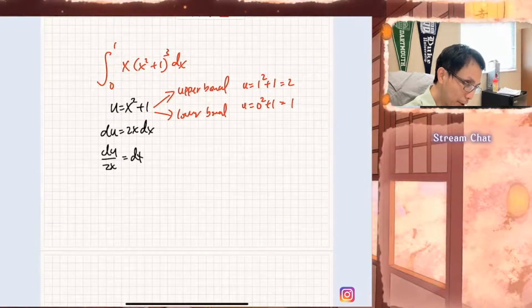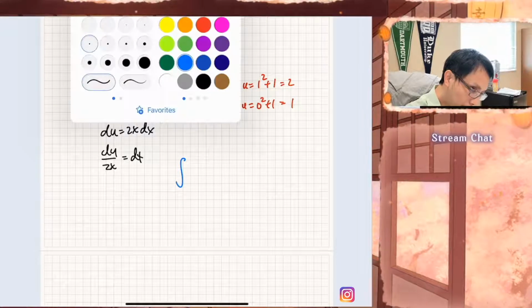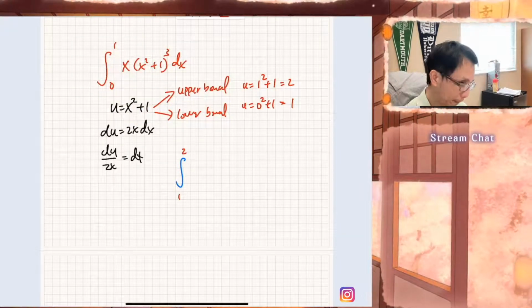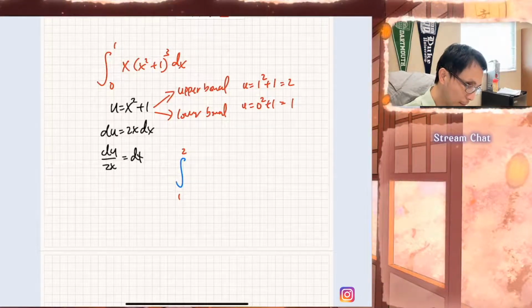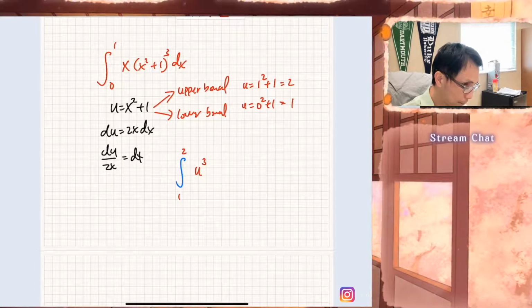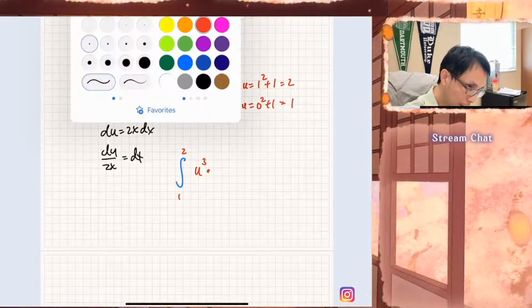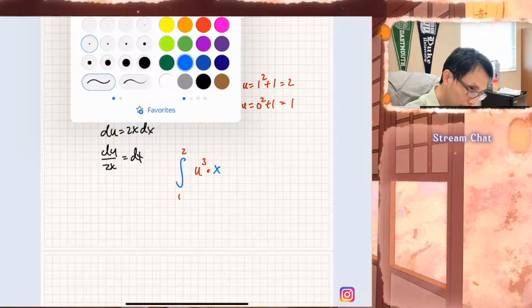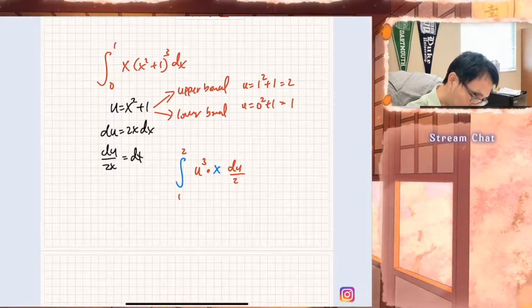So, pay attention, the boundary is going to become 2 to 1, of u to the 3rd, and this x will eventually cancel out. du over 2x, the x will eventually cancel out.